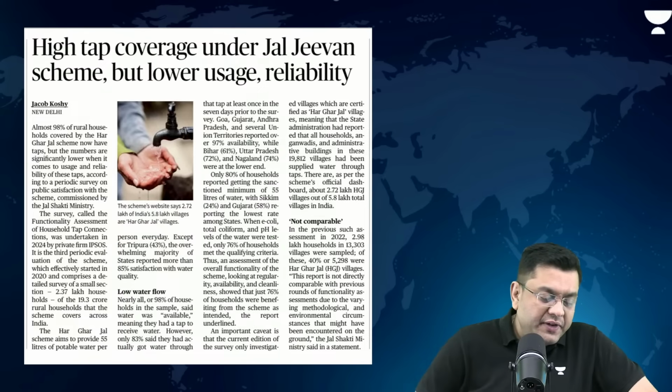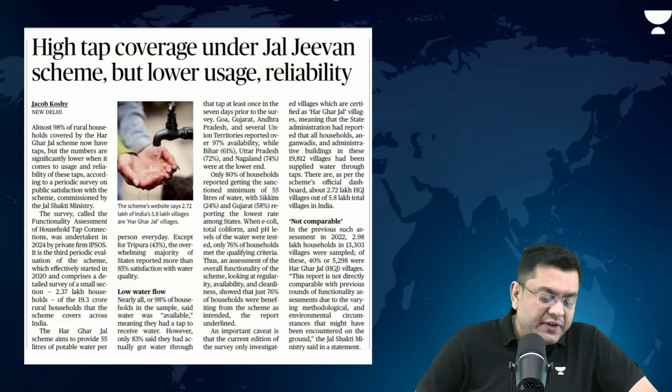Right? Now, having said that, overall, the majority of the states reported 85% satisfaction with water quality, except Tripura. In Tripura, the water quality was not good. In many of the regions, even the fecal matter was less than desirable. The fecal matter standards, so to say, that is, the water had a greater amount of fecal content than what is considered to be safe.